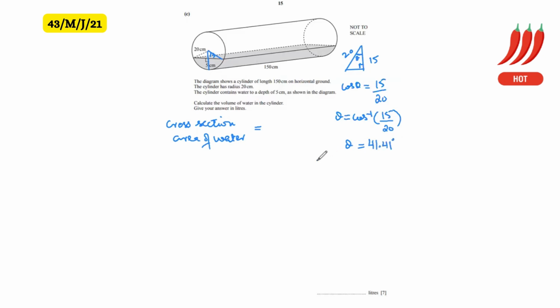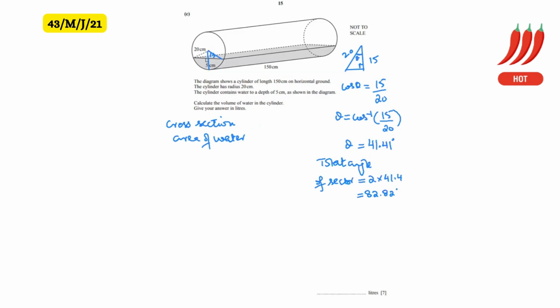So total angle of sector would be 2 times 41.41, which is 82.82 degrees.